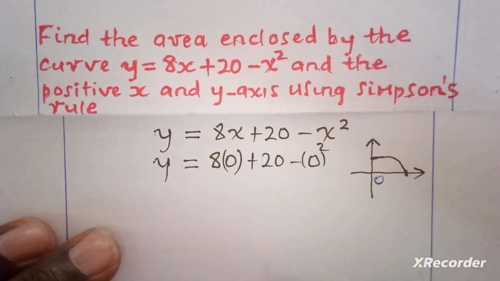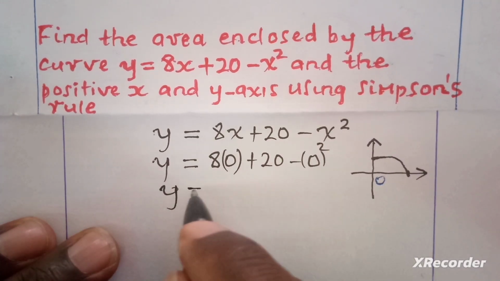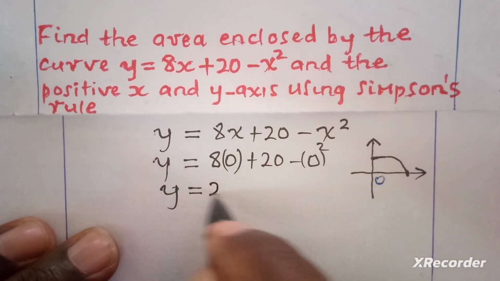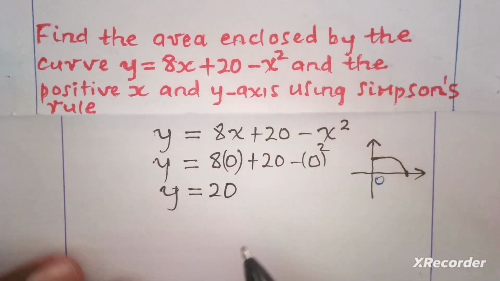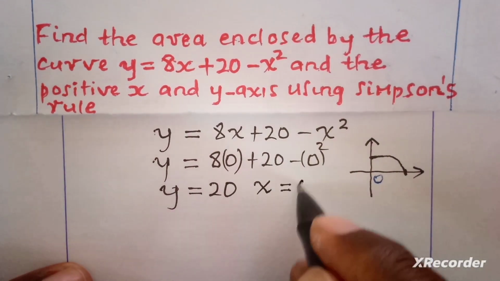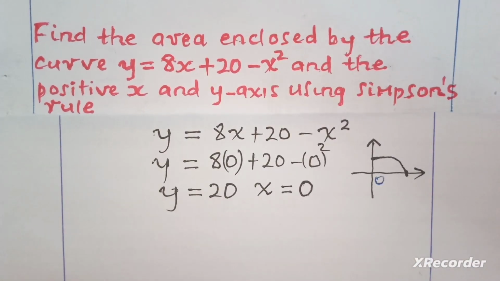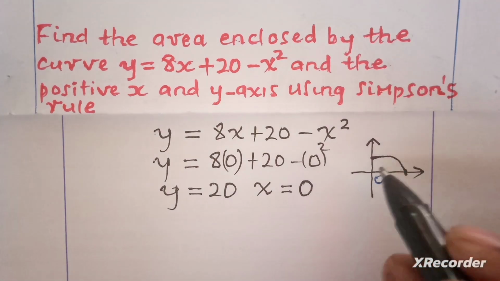Of course, it's still 0. So y equals 20 when x equals 0. So guys, that is our lower limit, or where we begin our graph.